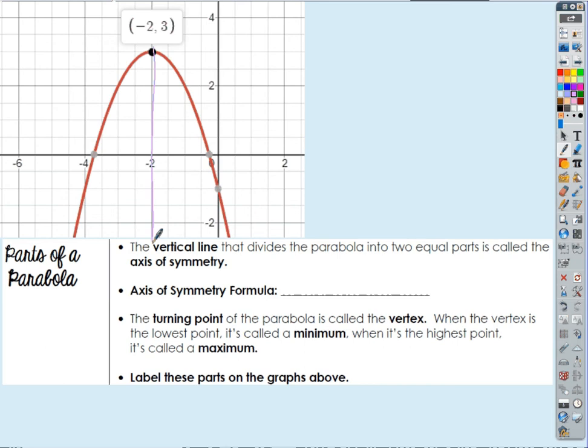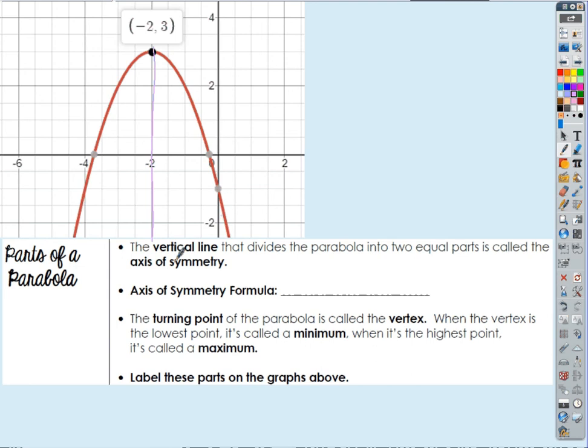Imagine I draw half the parabola in wet ink on a piece of paper, and then I fold it around the line of symmetry. The wet ink would create an imprint of the other side. So the line of symmetry is the line of folding for the parabola.